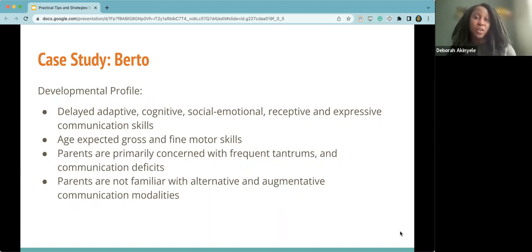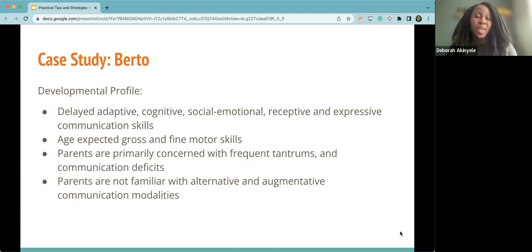And really we want to also think about what parents' primary concerns and priorities are. In this case study, parents are mostly concerned with tantrums and his communication deficits and don't have a lot of familiarity with AAC modalities. What this means, and why it's really important to incorporate this information into the AAC assessment, is that if parents are not familiar with AAC and how to use it, then there's going to be a lot of education that needs to happen first.